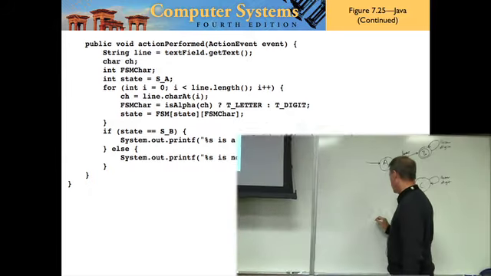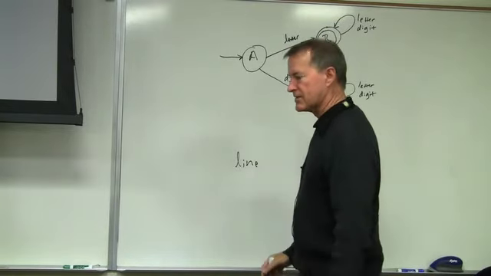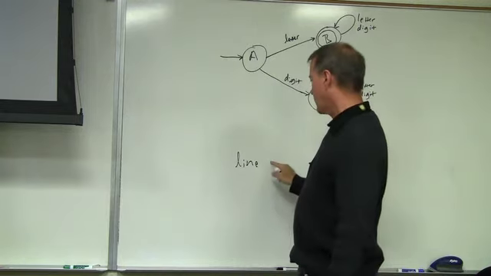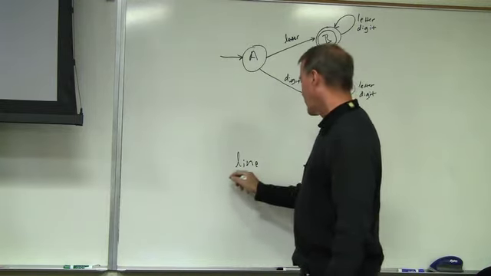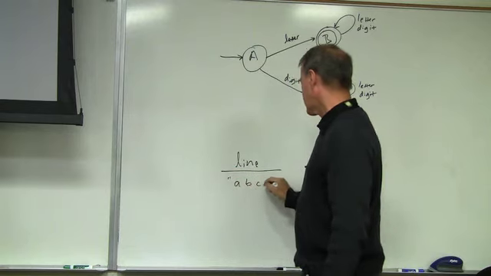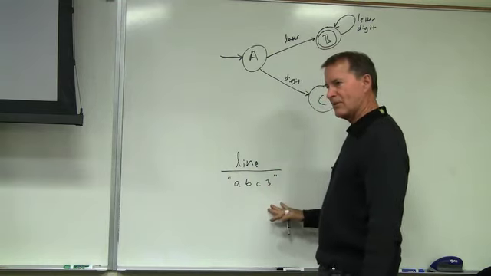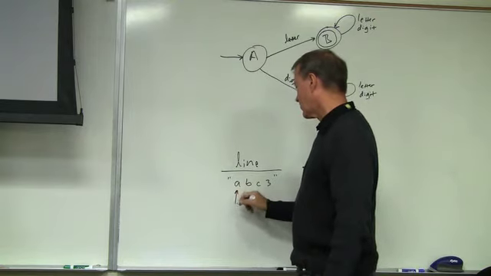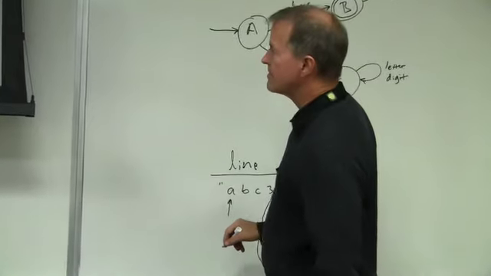Are you with me? So line is like this. Whenever the user puts ABC3 in there, that gave line the value A, B, C, 3. And furthermore, what was this character A?